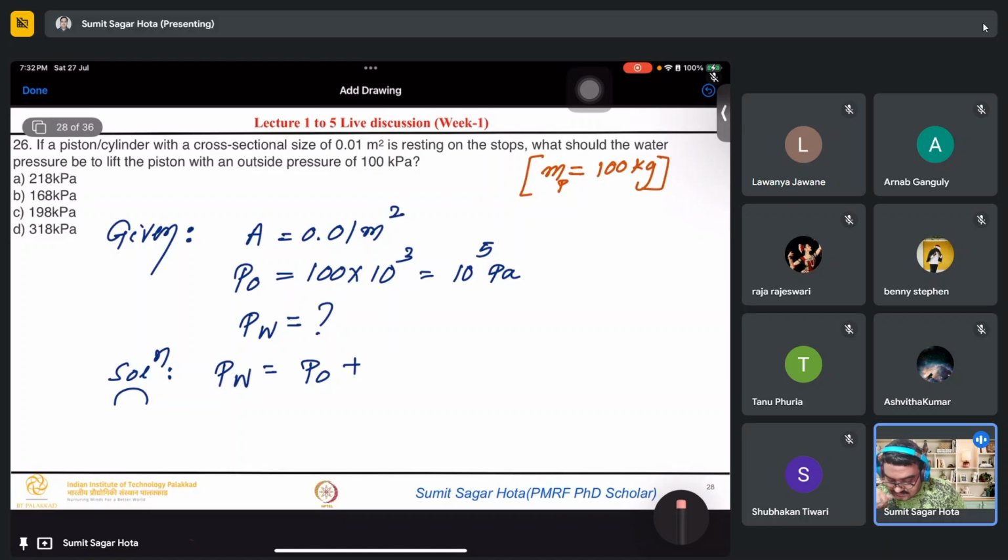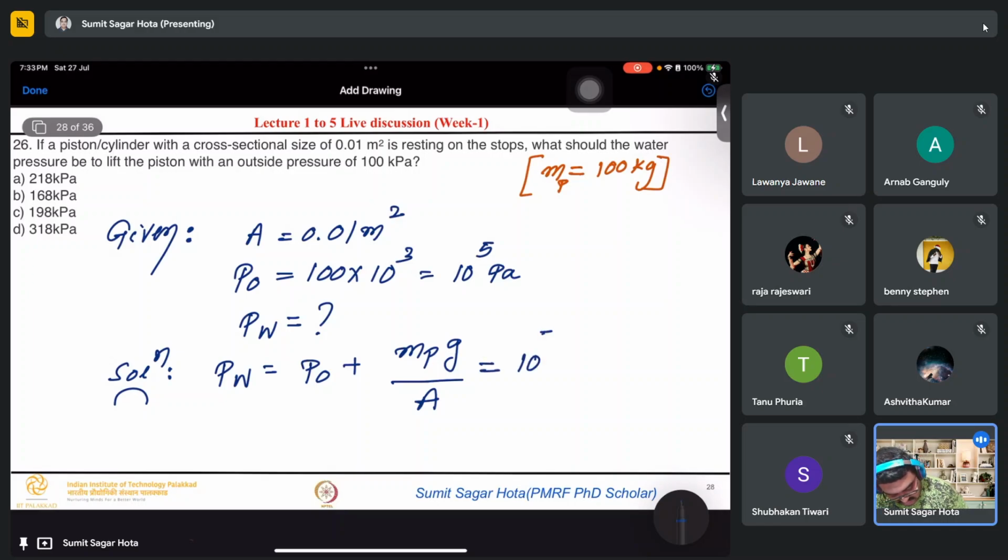We have to handle that pressure as well as lift that piston, so both things are added together. Piston weight mp into g divided by cross sectional area, because this is a force and we have to convert it to pressure, so we divide by the cross sectional area A, 0.01 meter square.